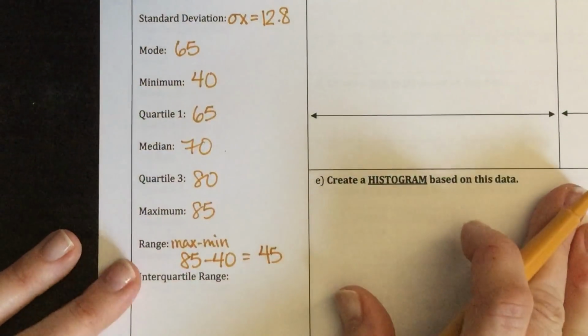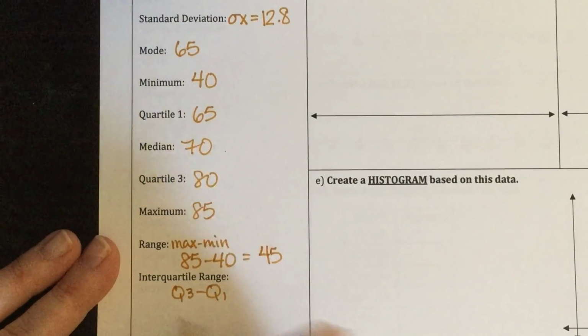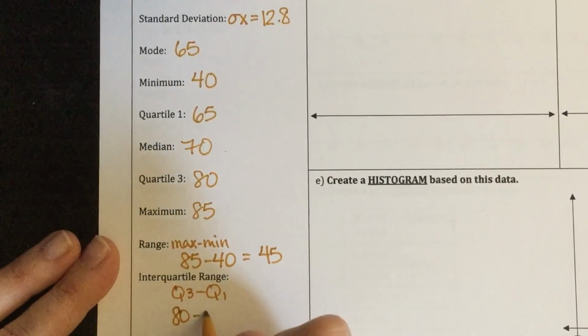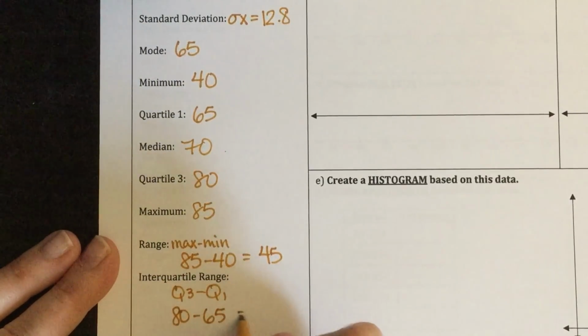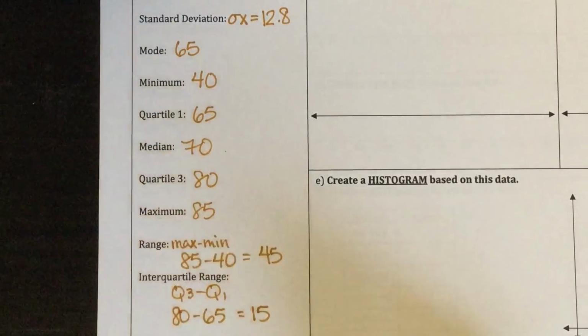My interquartile range is Q3 minus Q1, or 80 minus 65, which is 15. Okay.